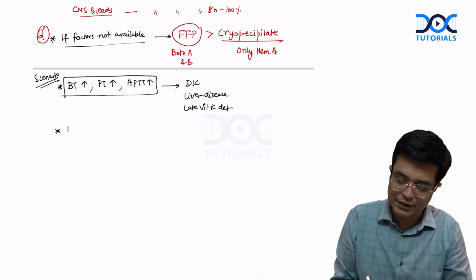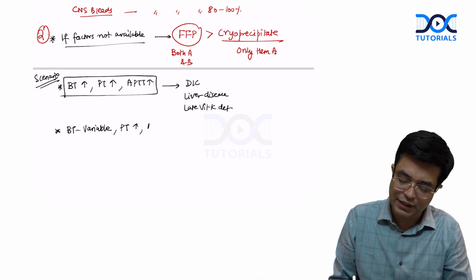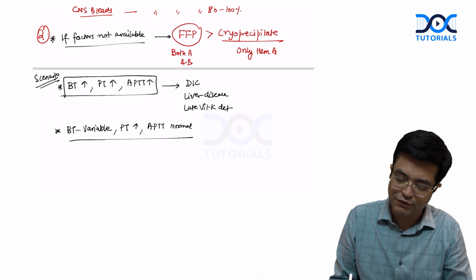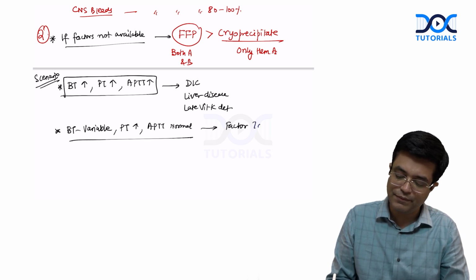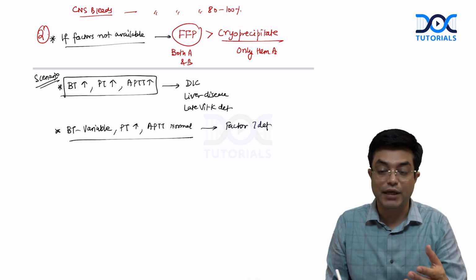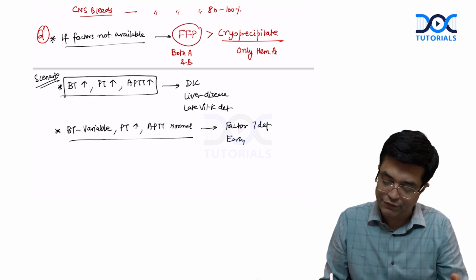But if the examiner says BT is variable, prothrombin time is increased, but APTT is normal, in such a patient, what will you suspect? You will suspect either factor 7 deficiency or early vitamin K deficiency.